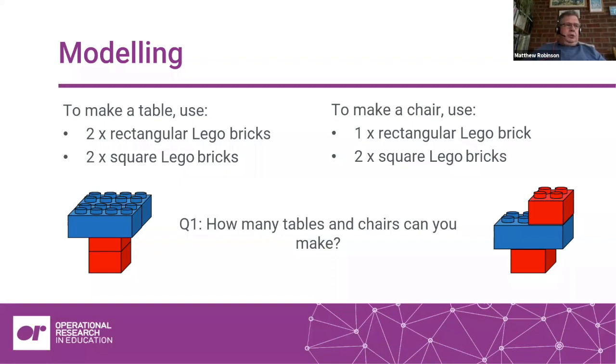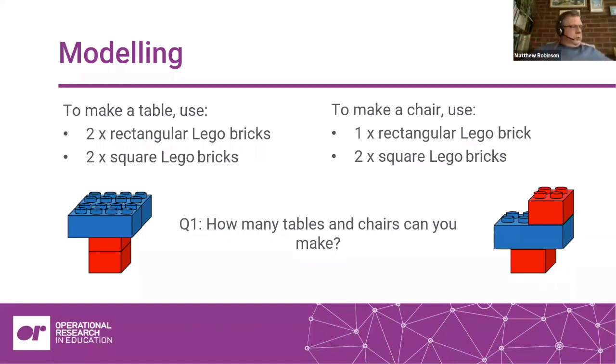Alternatively, you could build 2 tables and 2 chairs, and you would have no pieces left over. Or the fourth option is to build 3 tables and no chairs, in which case you would then have 2 of the square ones, the red ones, left over.